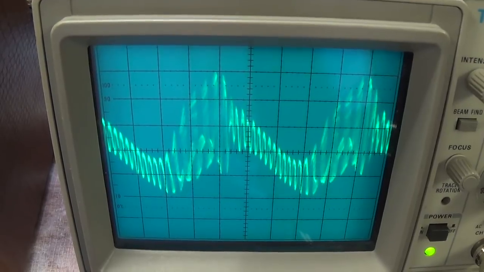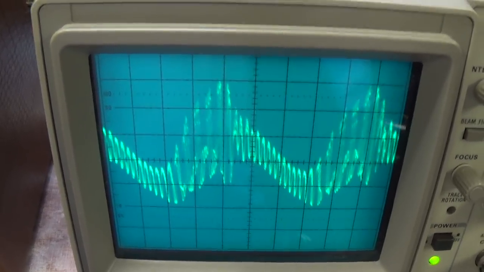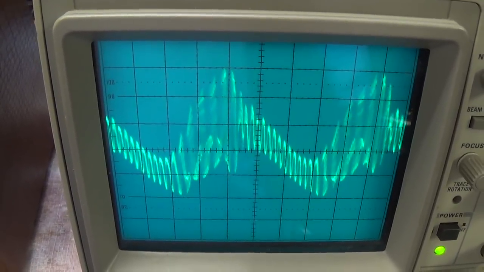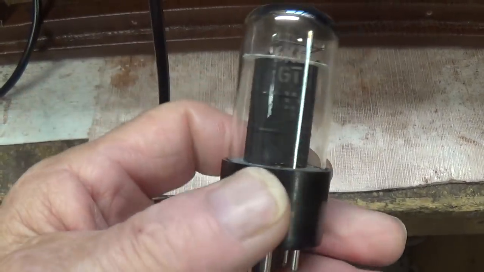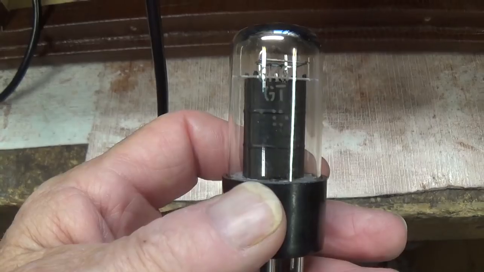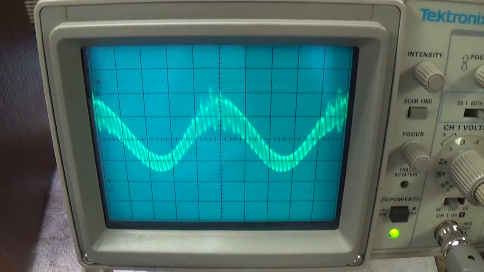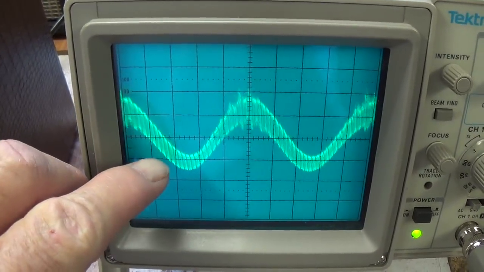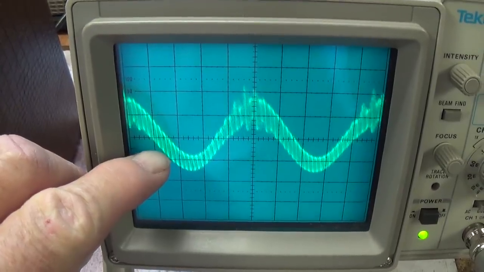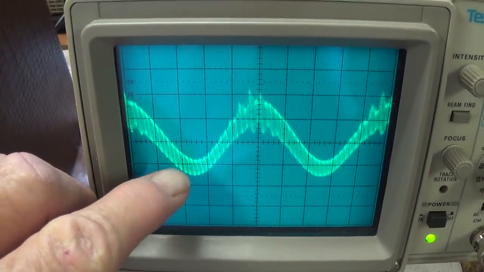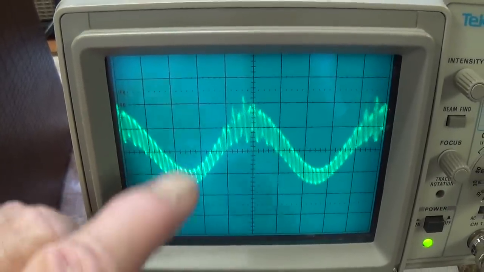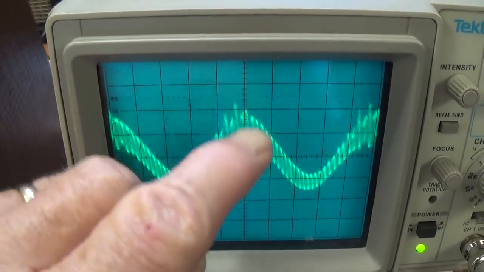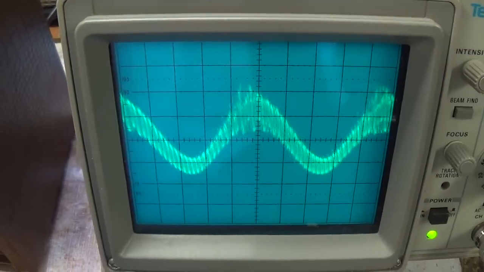Let's take a look though at what a 6K6 looks like in this position. Okay, this is the same General Electric 6K6 that I used in the original, and the fuzzy worm returns. It looks a little different than the 6V6 tracing. It's a little smoother, but you can see that the oscillation is still present.